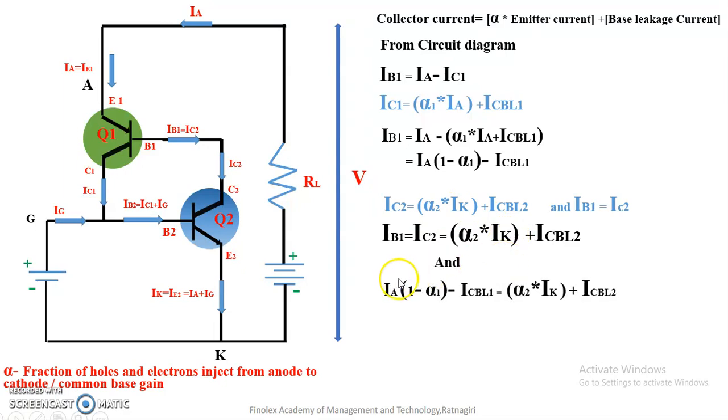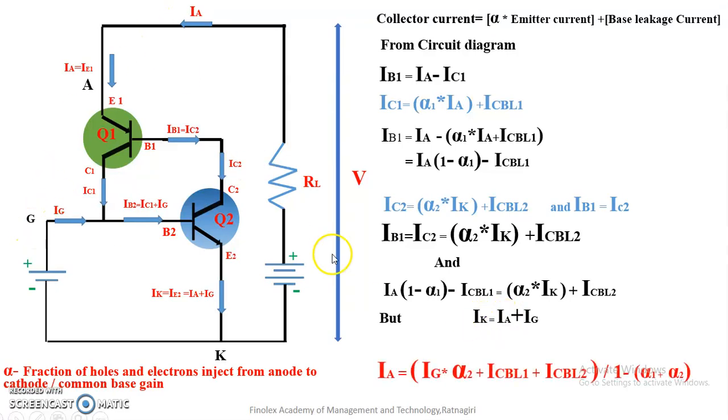And we know one more important thing. This is a resubstitution of the equation. You just go through the previous equation, and you get IA minus this expression is equal to this whole part. But the cathode current of the SCR is equal to the anode current plus the gate current.